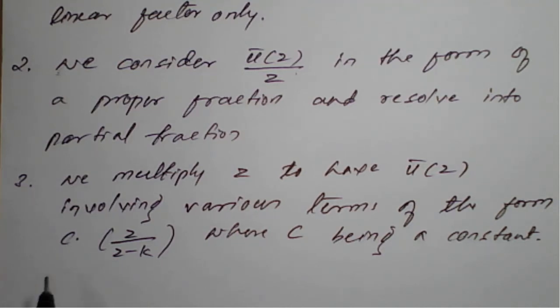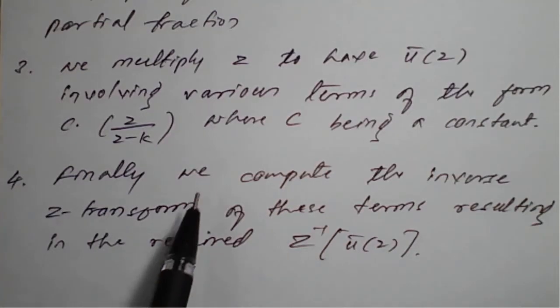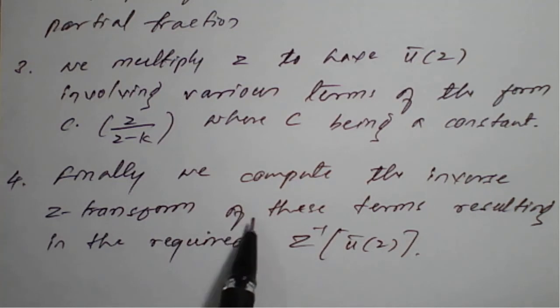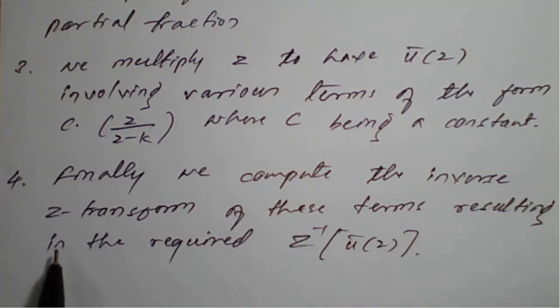That value is nothing but c, so that c should be kept outside, and we need to apply the inverse Z transform to that. So step number 4, finally we compute the inverse Z transform of these terms, resulting in the required Z inverse of U dash of z.